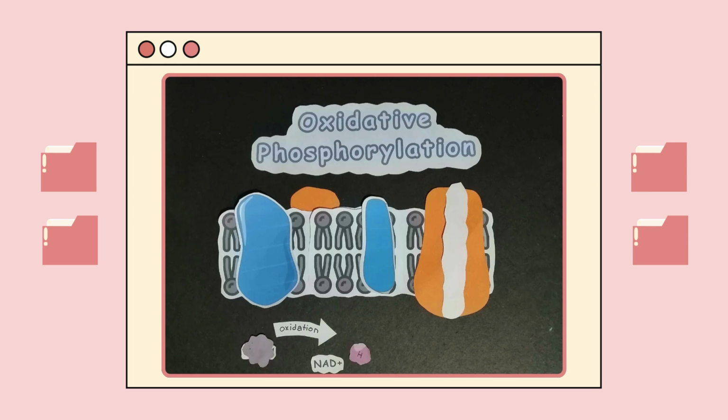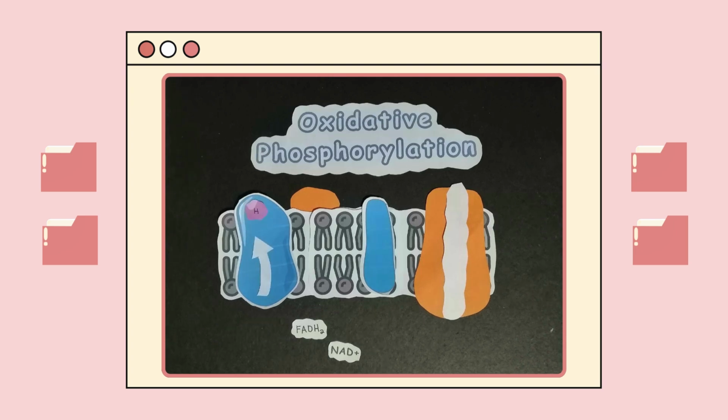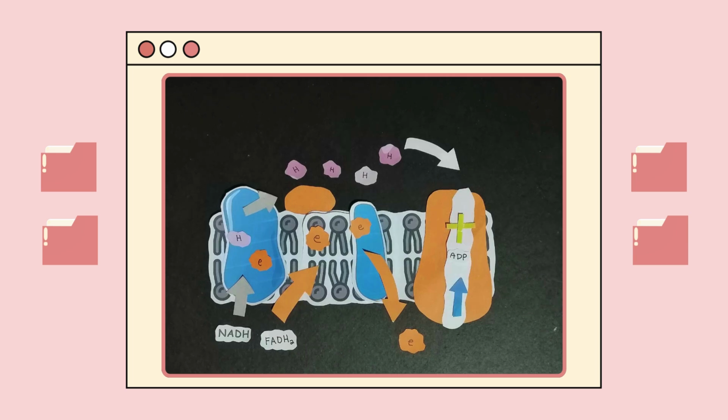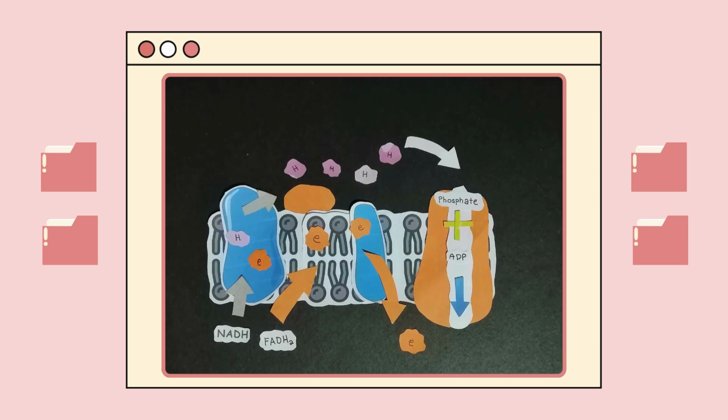NADH and FADH2 move via protein complexes and electron carriers, creating an electron transfer that builds a proton difference across the membrane. This proton shifts back into the mitochondrial matrix via ATP synthase through the conversion of ADP and inorganic phosphate, or Pi, into ATP.